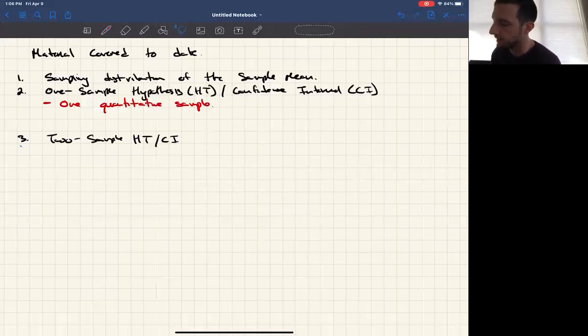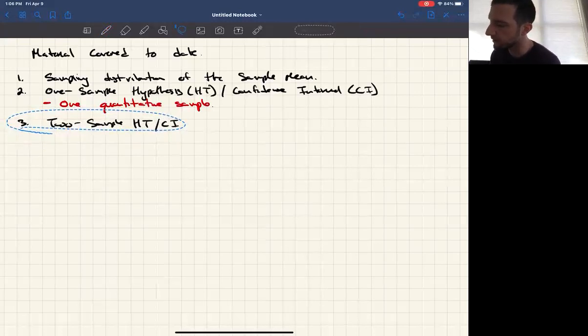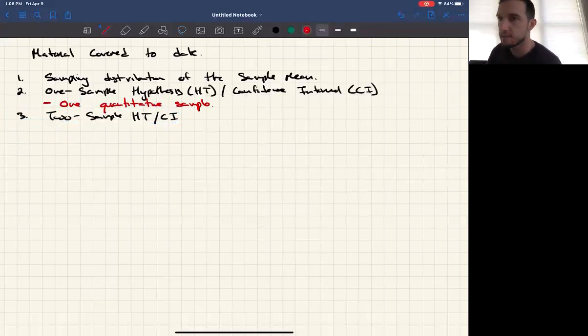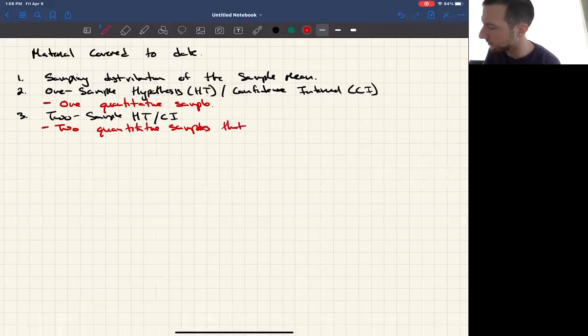Then in the second setting, or in lecture set 3 rather, we talked about two sample HT and confidence intervals. This particular lecture set actually looked at two different approaches. We could have two quantitative samples that are paired, and this is the same thing as being dependent.